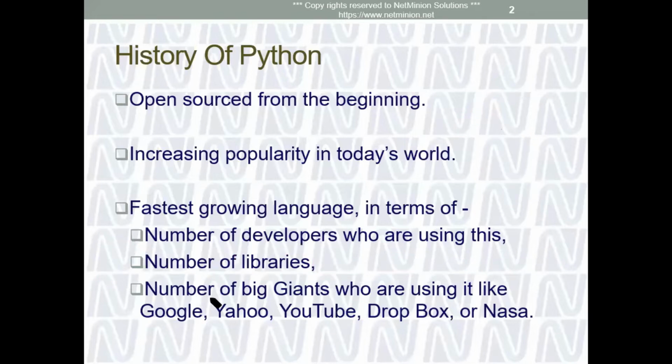Then a number of big giants are using it, and the names are Google, Yahoo, YouTube, Dropbox, NASA. When I take these names, it does not mean that only Python is used by them. They are using some main language also, and some are using it as a support language. But one website I discussed in my introductory session also is Reddit.